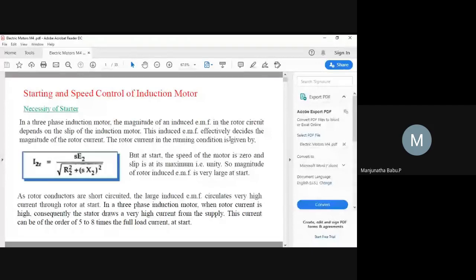So that is model 4, starting and speed control of induction motor. Is the presentation visible? Yes, sir. Okay.